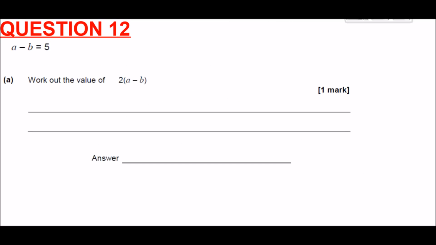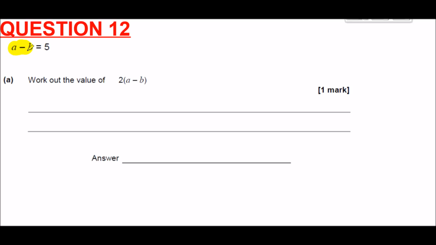Question 12. We're told that A take away B equals 5. And we need to work out the value of 2 lots of A minus B. So there is an easy way of doing this before you start panicking. First of all, we're going to use the algebra as intended.